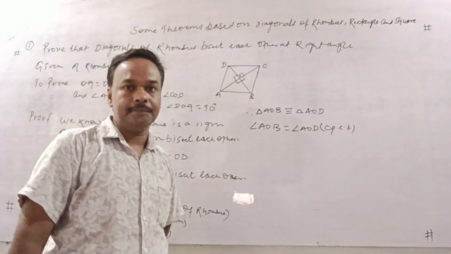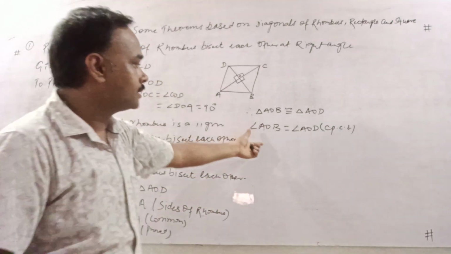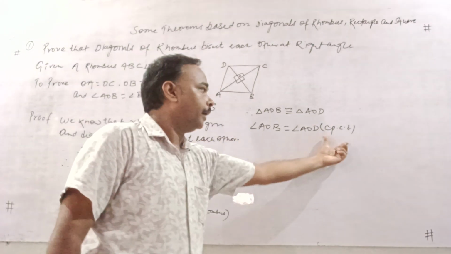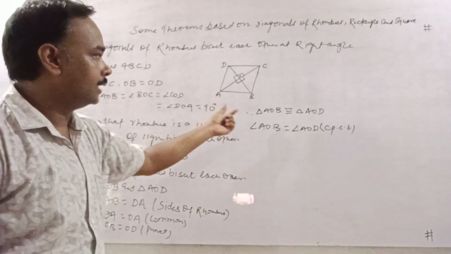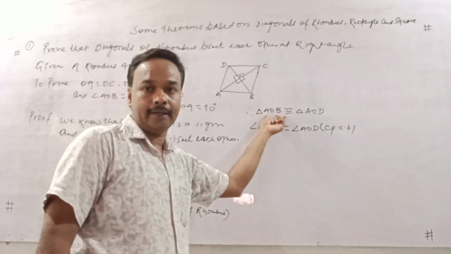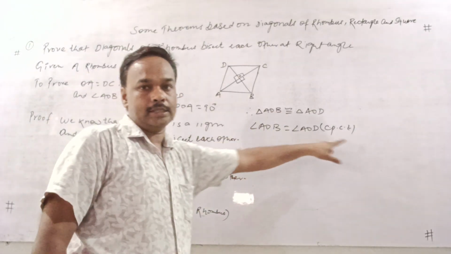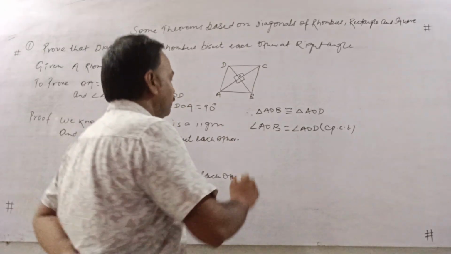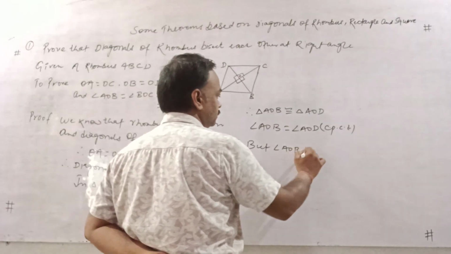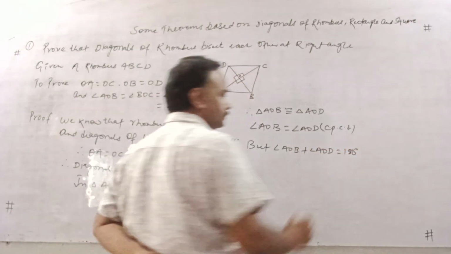Is it clear to everyone? Now see, both angles are equal. When two triangles are congruent, then their corresponding sides and corresponding angles will be equal. Therefore, angle AOB is equal to angle AOD. But angle AOB plus angle AOD is equal to 180 degrees.